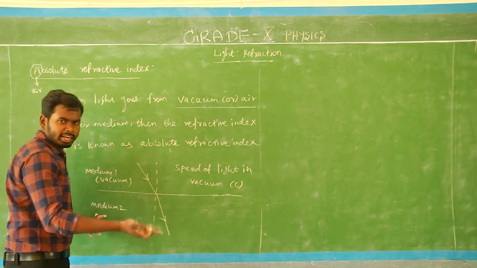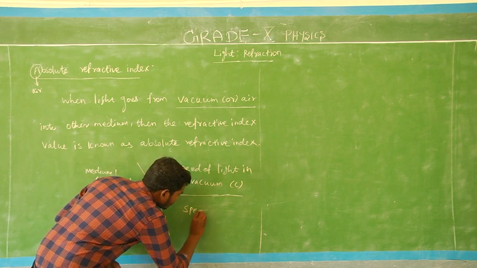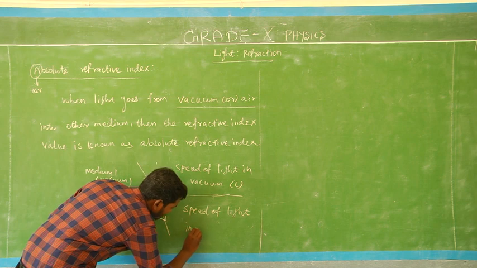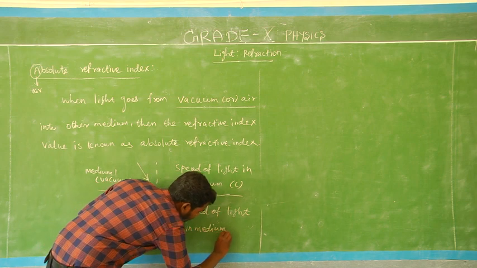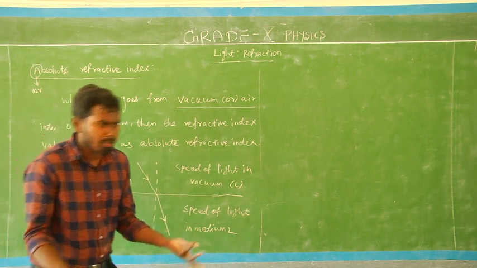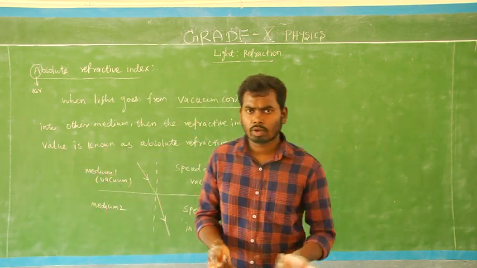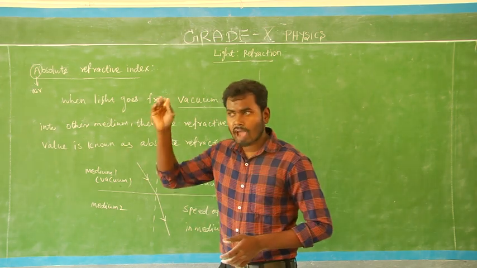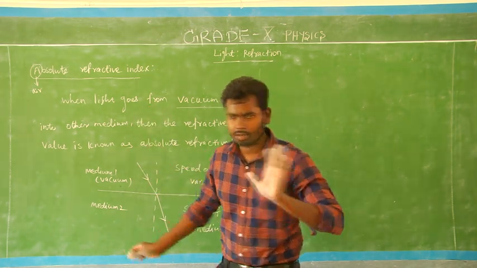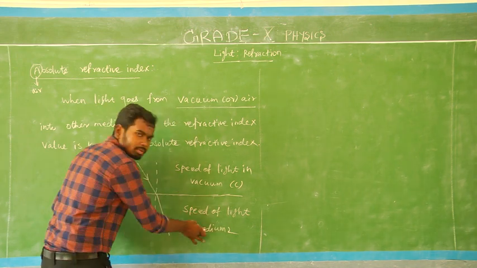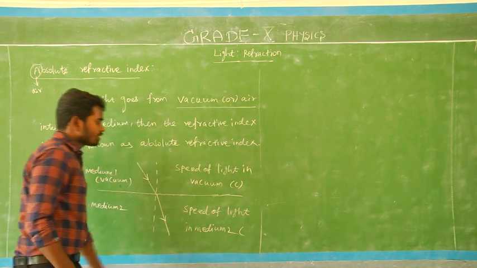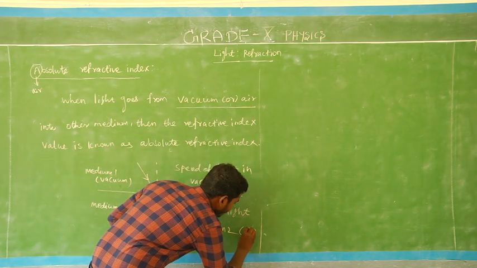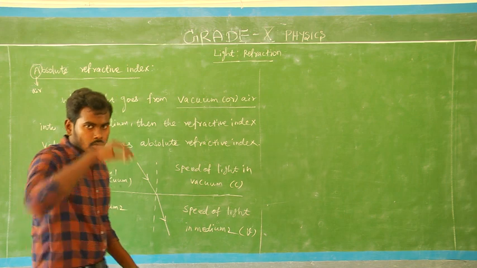The speed of light in medium 2, whatever that medium is, it can be kerosene, alcohol, water, whatever it is, because light speed is maximum only in vacuum. So in absolute refractive index, light goes from vacuum into another medium. The speed of light in medium 2 is denoted by the symbol small b, not capital B, small b. Recall that.